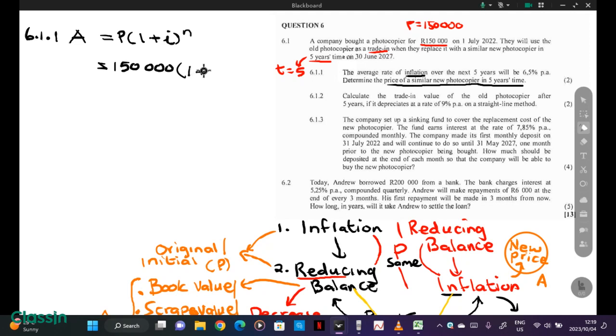Then 1 plus the rate of inflation they mentioned, 6.5%.